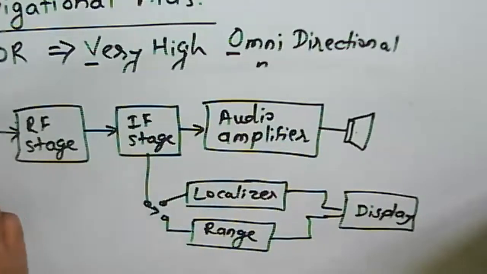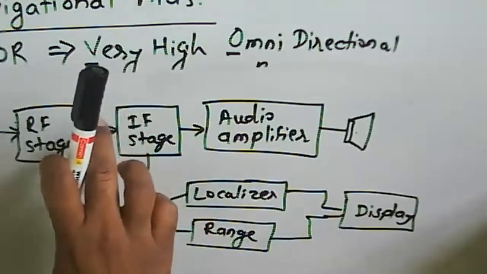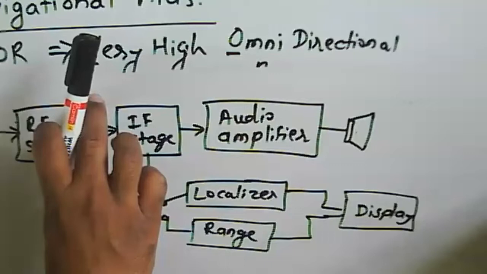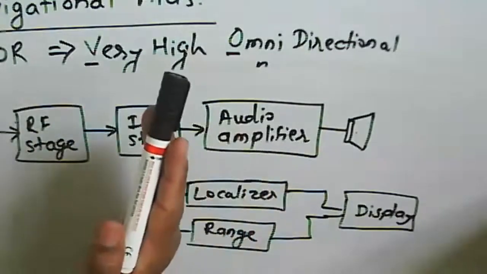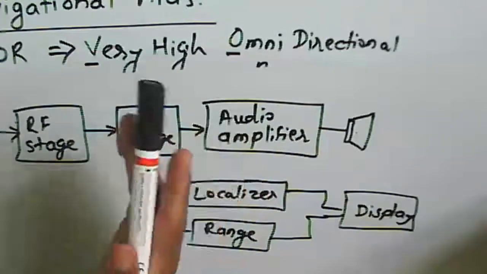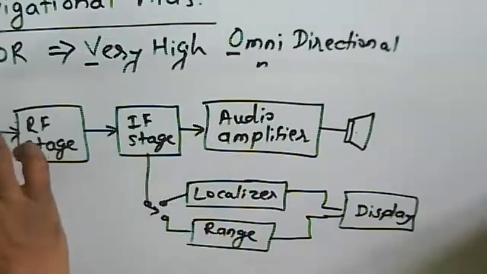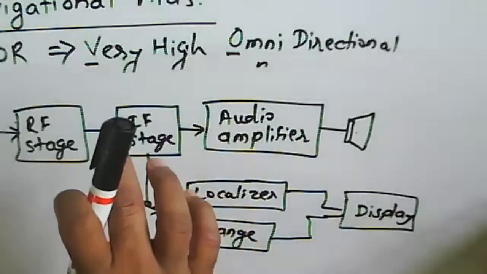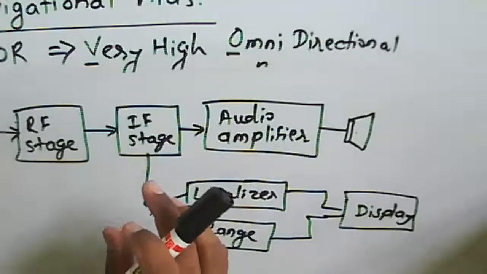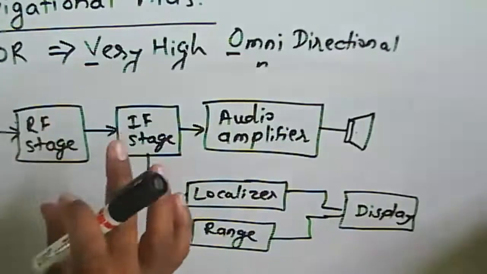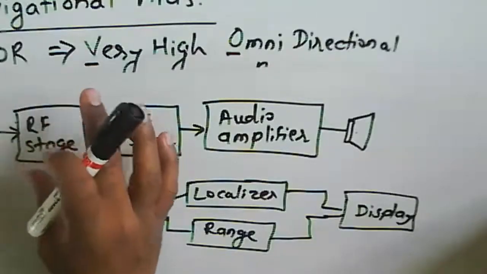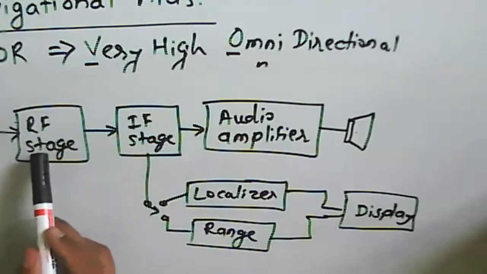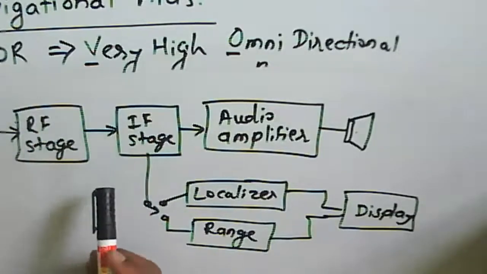So we have the RF stage there, and then the IF stage. The RF stage consists of mixers and all. The VOR receiver in the aircraft is called a superheterodyne type, and it has an omnidirectional antenna, then an RF stage, then an IF stage.